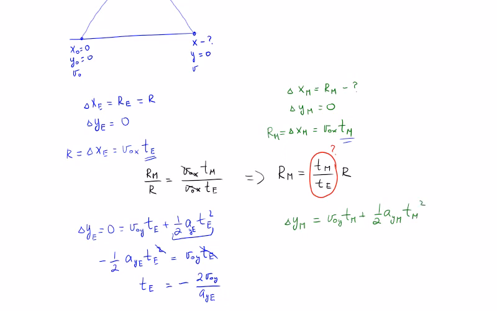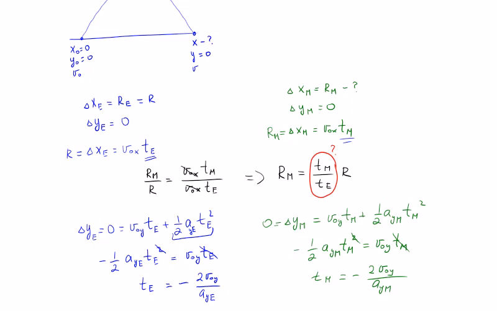So making the same analysis, we could write 1 over 2 a_y on the moon t moon squared equals v naught y t moon. So again, one of the t's will cancel out. We will have t on the moon equals -2 v naught y divided by a y on the moon.